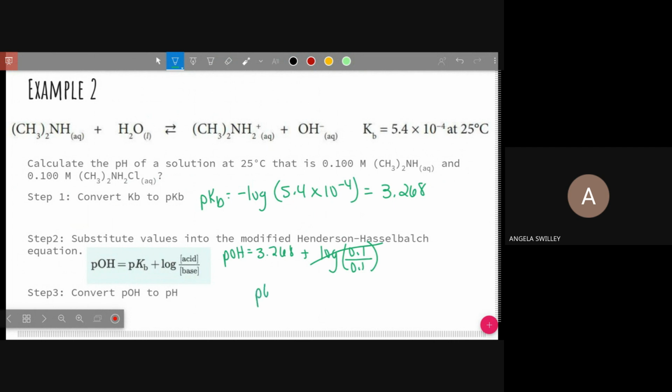So our pOH equals our pKb. And then to find the pH, we need to subtract it from 14. When we calculate that, we get 10.732 as our pH.